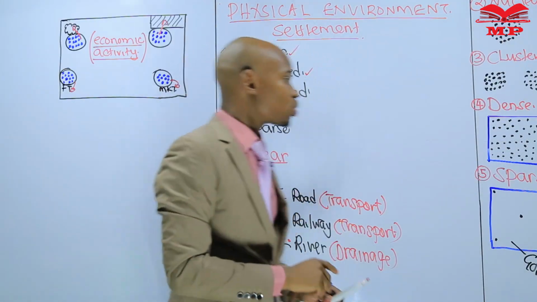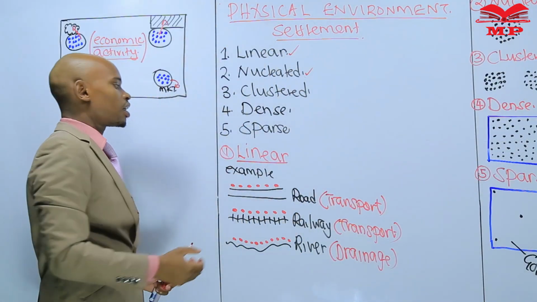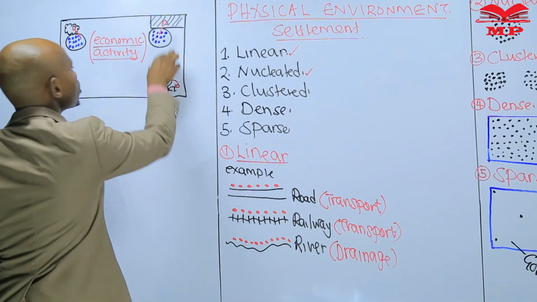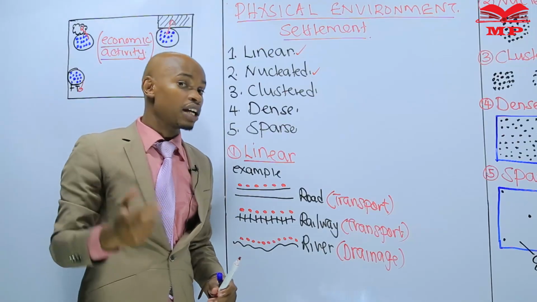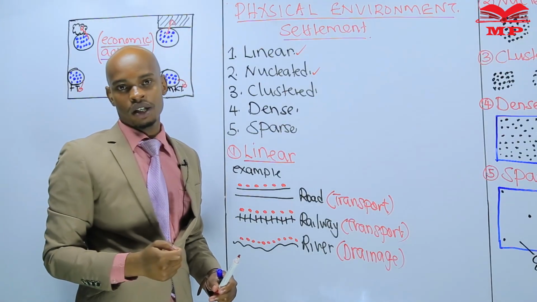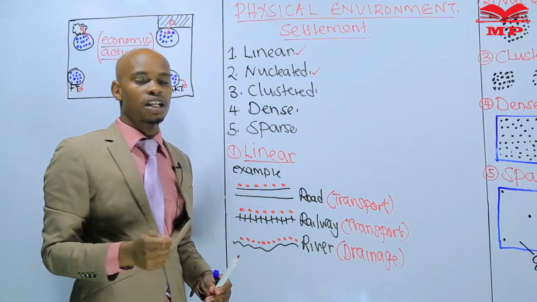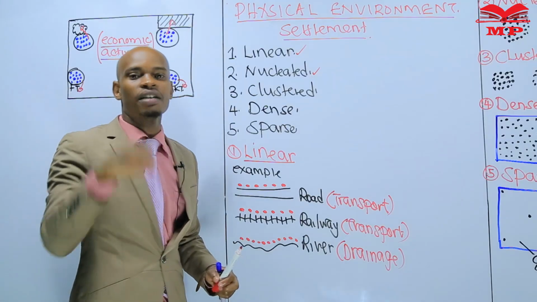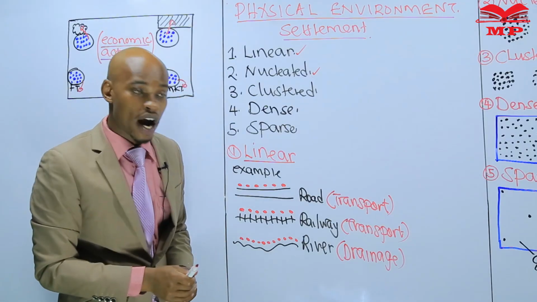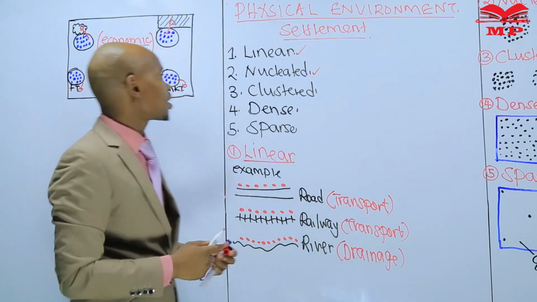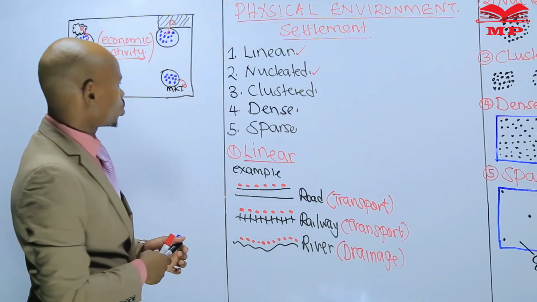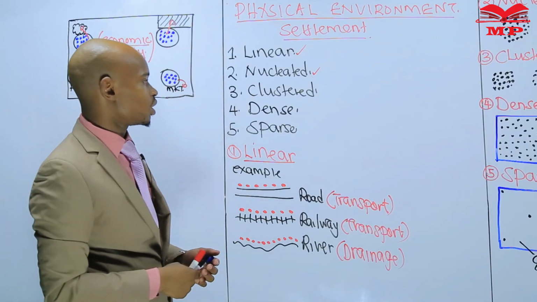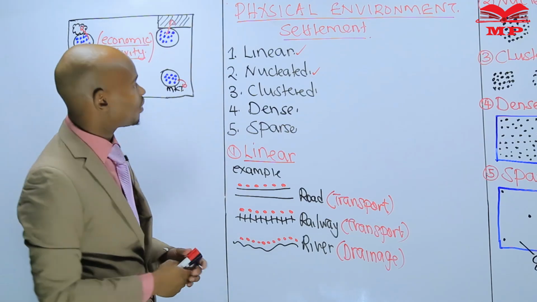So, as I've just said, it is not enough to identify which type of settlement pattern. It is also very important to identify and prove the reason why they have assumed that type of settlement. So this is exactly what we were supposed to cover, and we have covered.